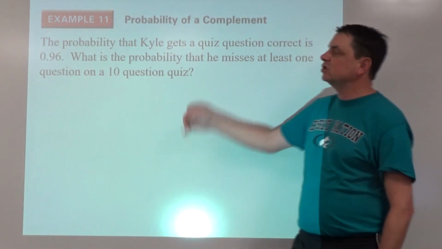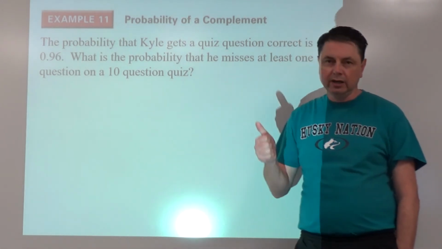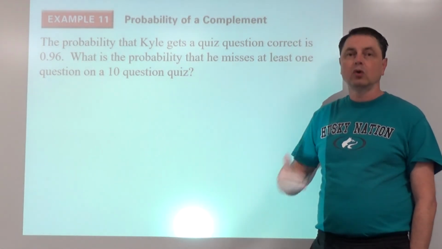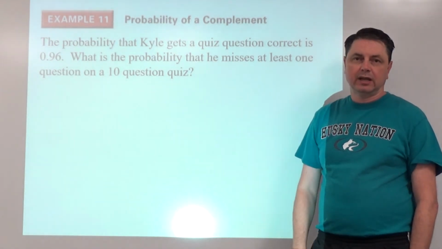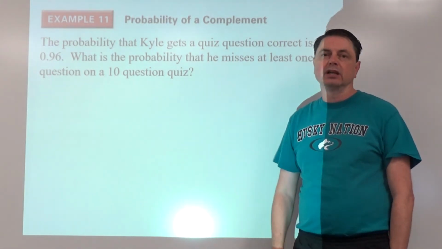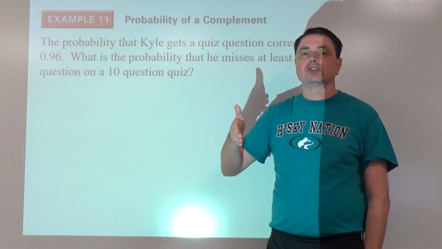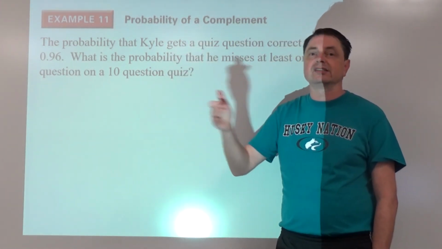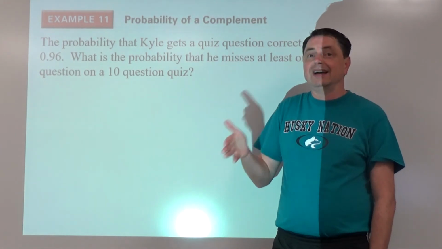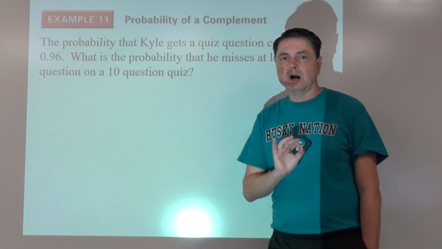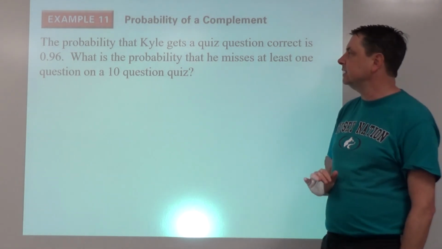Because missing at least one means missing 1, or 2, or 3, or 4, or etc. And that's really very complicated, because then you're talking about, well, if you missed 2, is it questions 2 and 8, or is it 3 and 7, or 1 and 9? It gets really complicated. Whereas the complement's a really basic idea here.